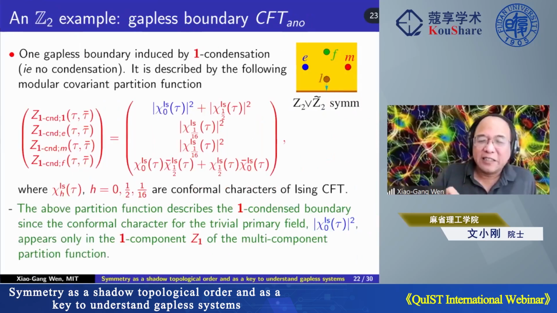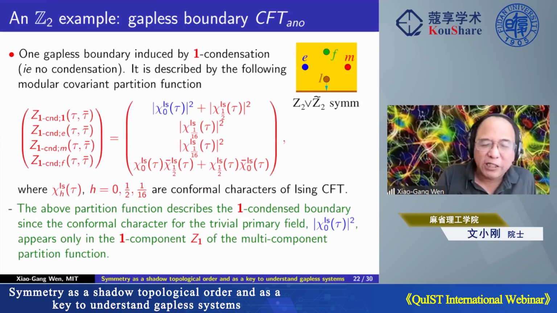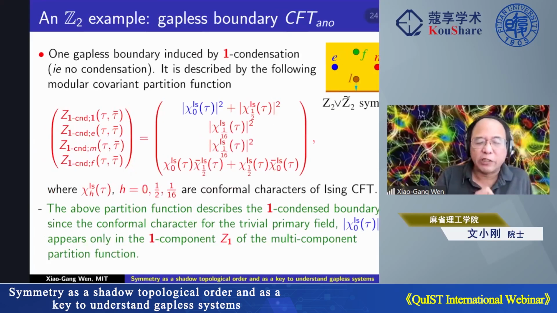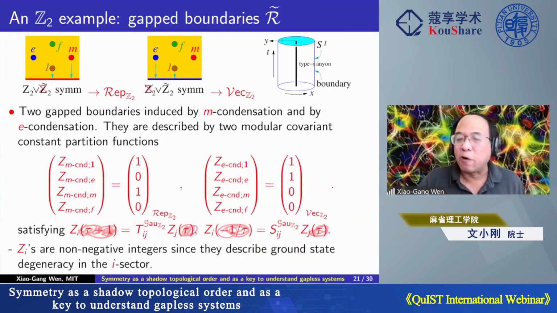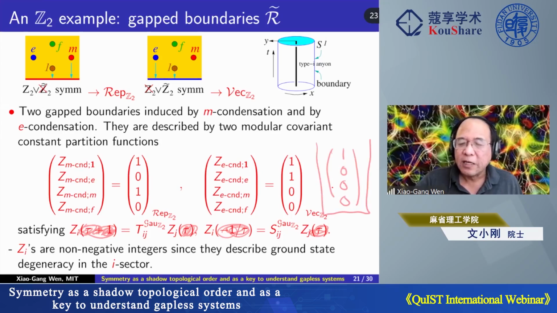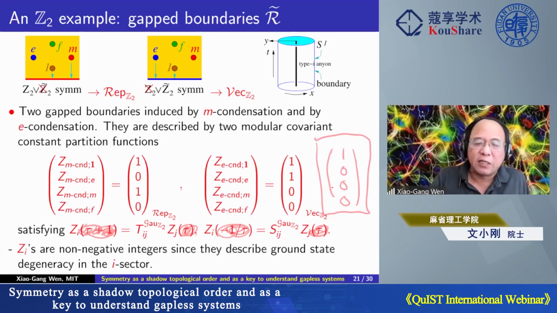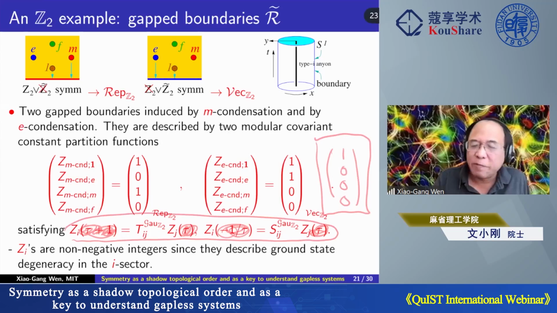Clearly, for the constant partition function, that's the only solution. We do not have a solution of this form. If nothing is condensed, we should have this kind of solution, but this partition function can never be modular covariant.